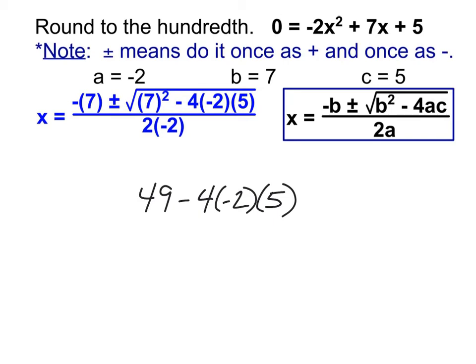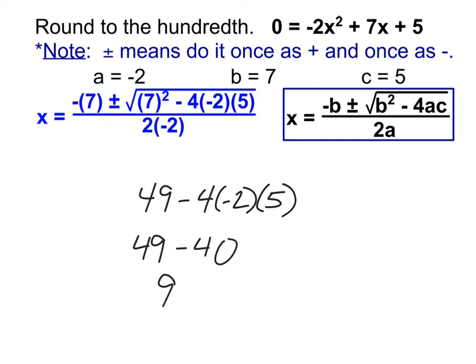Because what I'll see a lot of people do is they'll say, okay, so I'm going to do 49 minus, and so I'm going to do negative 4 times negative 2. That gives me 8. 8 times 5 is 40. So I'm going to do 49 minus 40, which is 9. That's wrong. Do you see why it's wrong?